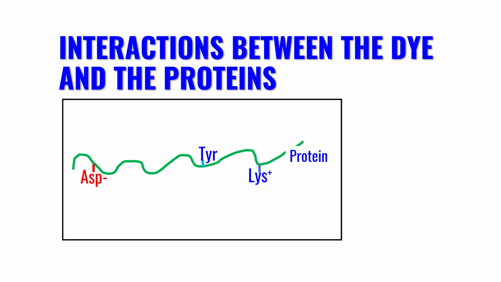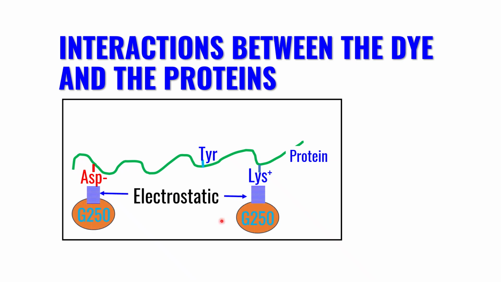It is also very important to understand the type of interaction between the dye and the protein molecules that converts the cationic form into the anionic form. So I will discuss the types of interaction that are responsible for this conversion. Here I have shown protein molecules with aspartate, tyrosine, and lysine residues. The dye preferably interacts with lysine, which is a positively charged residue, through electrostatic interaction, and it can also interact with aspartate through electrostatic interactions.